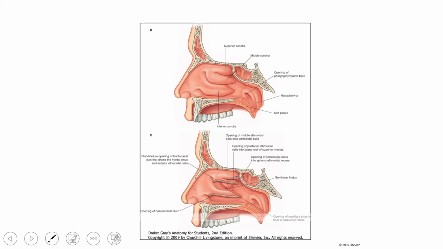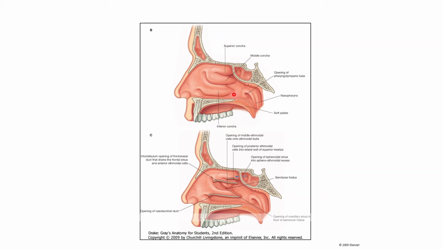This is the atlas view where we can make out the features of the lateral wall. As I have already discussed, the lateral wall is represented by the conchae. The largest of all is the inferior concha, which is a separate bone.